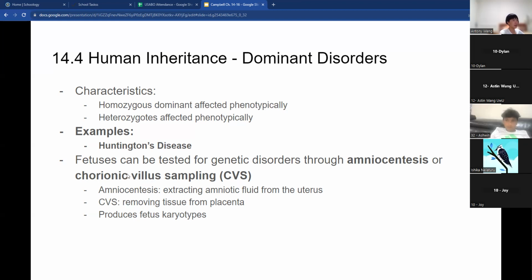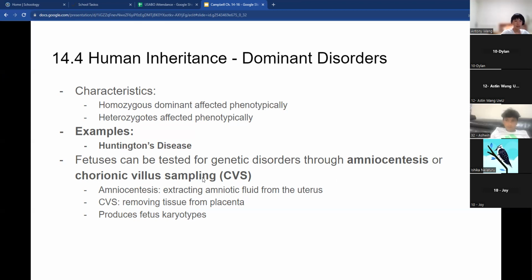And these disorders can be tested when a child is still in utero, right? To get a detailed genetic makeup, you need to do procedures called invasive procedures. These are either amniocentesis or chorionic villus sampling.